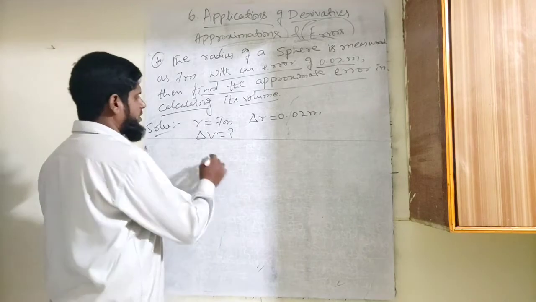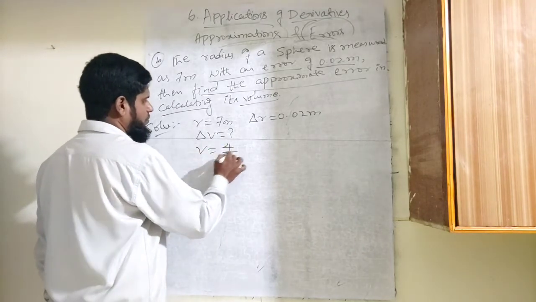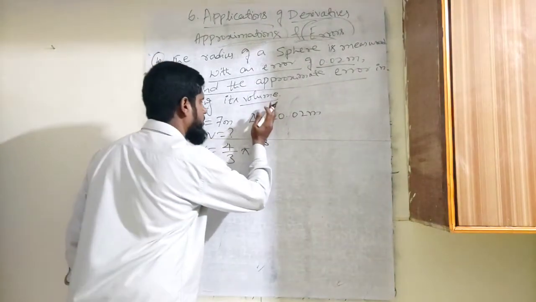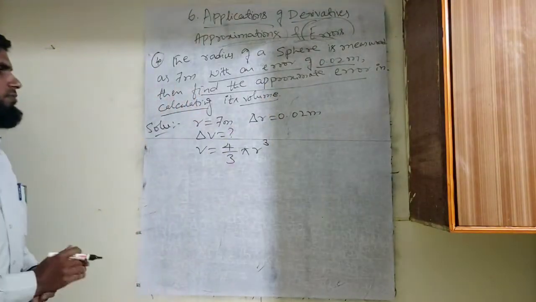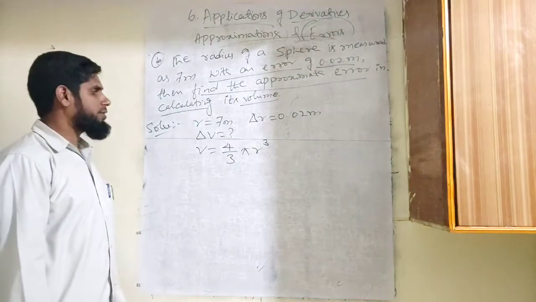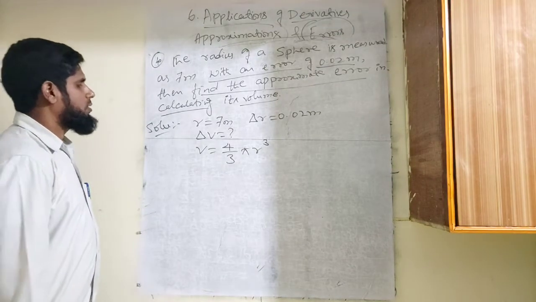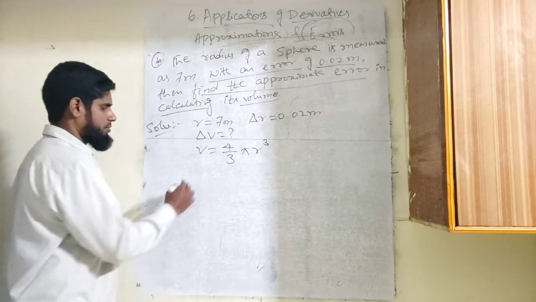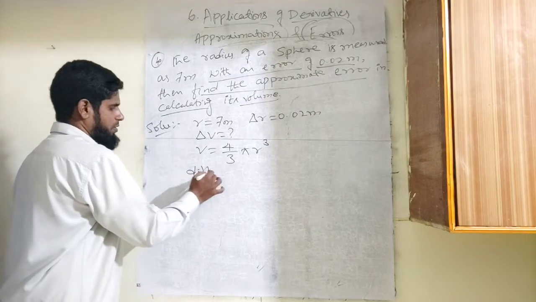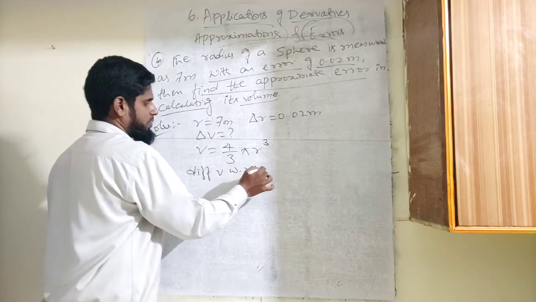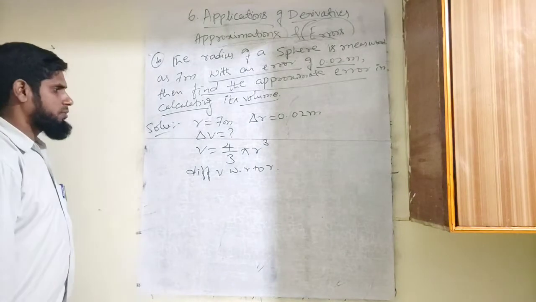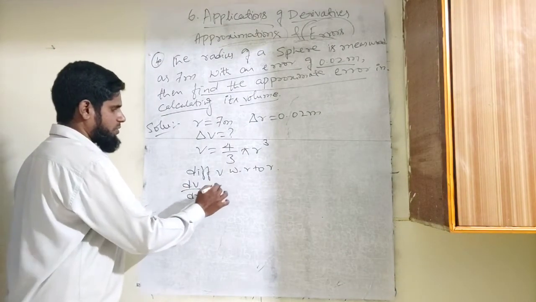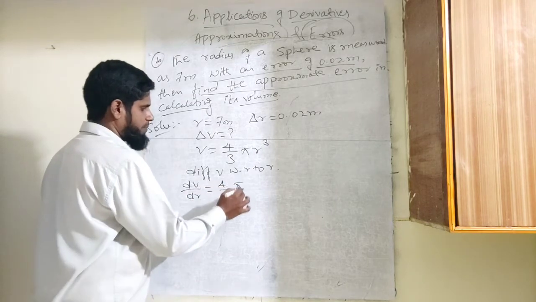The volume of a sphere formula is V is equals to 4 by 3 pi r cube. Okay, then let us first differentiate this V with respect to r. Differentiate V with respect to r. How much is it? dV by dr is equal to 4 by 3 pi.